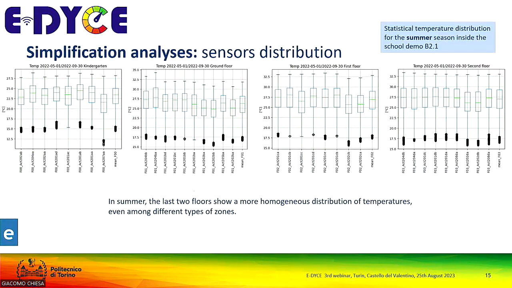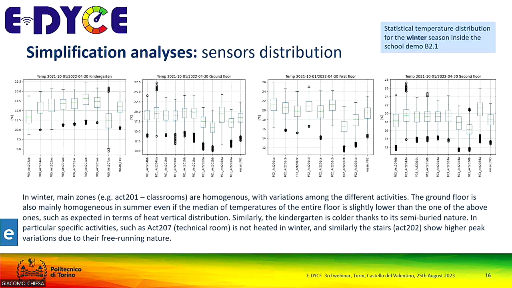To conclude, that clearly requires sensors. Sensors are generally quite expensive, especially if you want a reliable, accessible, reconnectable solution. But it's also true that if you look, for example, at this graph, the statistical variation of monitored temperature in one of the schools, each room, and also corridors and so on, in the summer season, and these are the variations in the winter season.